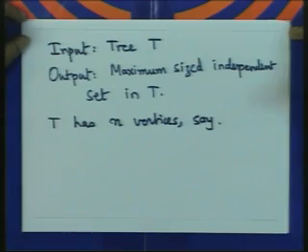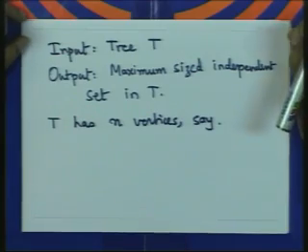One way to do it, the brute force way which would come to one's mind, is to look at all possible subsets of the vertex set and see if they are independent and choose the one which has maximum size. Now this is just too expensive. The time taken is at least the number of subsets of n, which is 2 to the n. That's too expensive. Okay, we want to do it much faster.